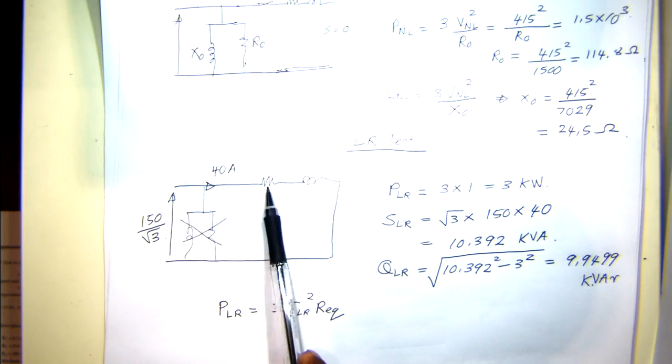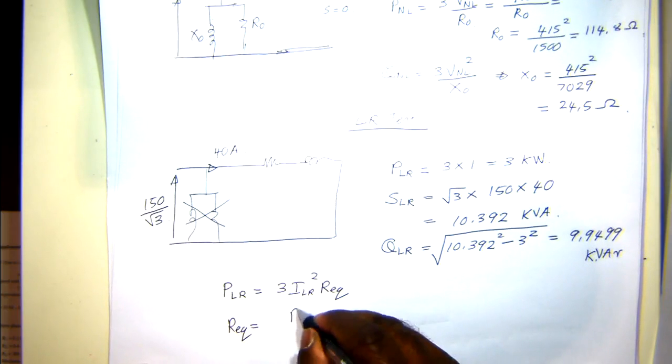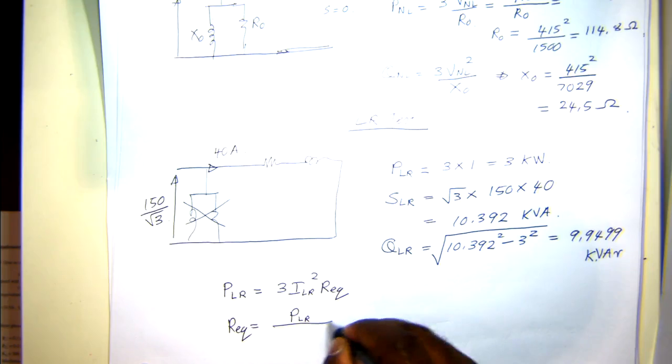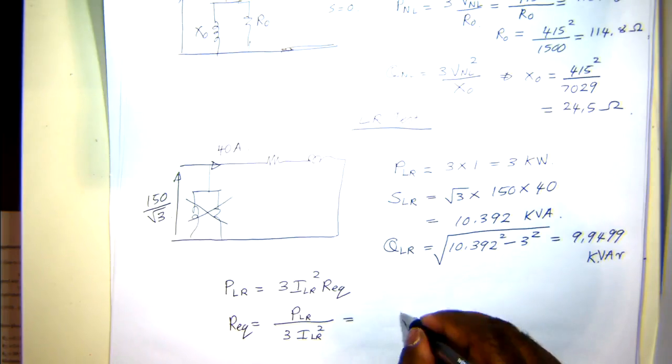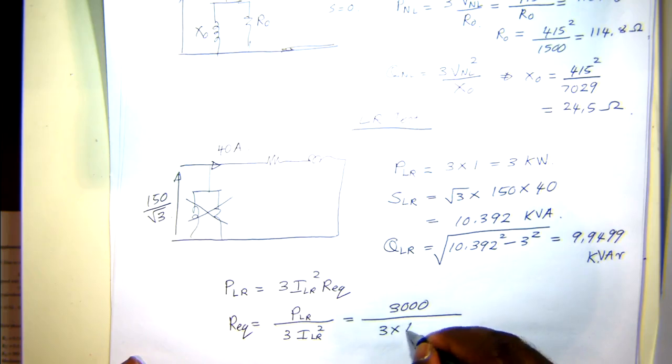That's for the element here. So we can write R EQ as P lock rotor divided by 3 times I lock rotor squared. So that will be the 3 kilowatt divided by 3 times 40 squared.